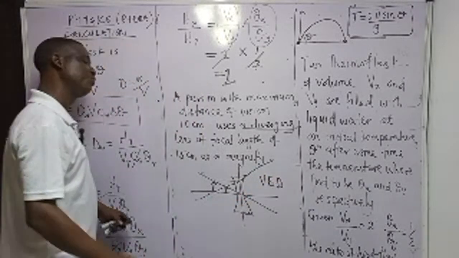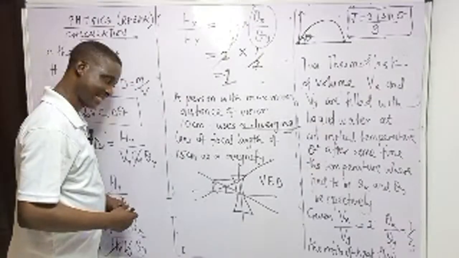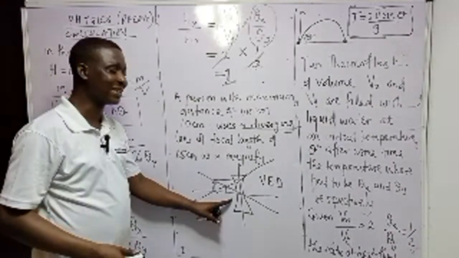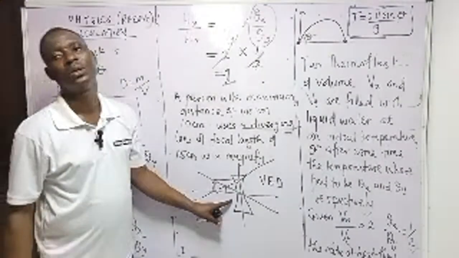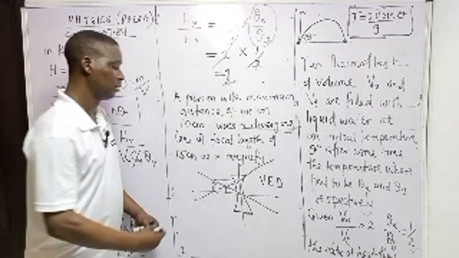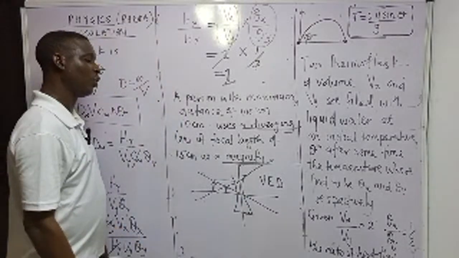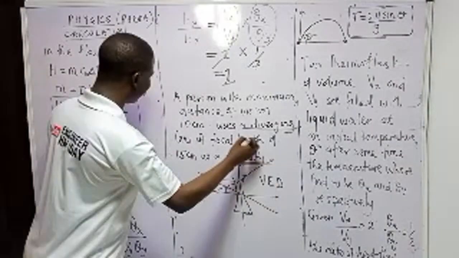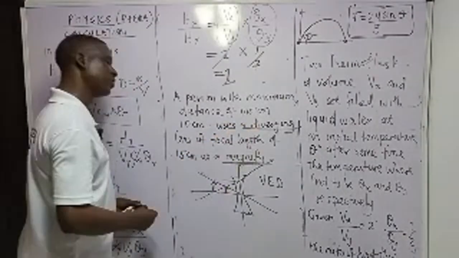That is the image formed by a diverging lens. So a diverging lens can never produce a magnified image. It is always virtual, erect, and diminished. So please take note of this and give us the right question.